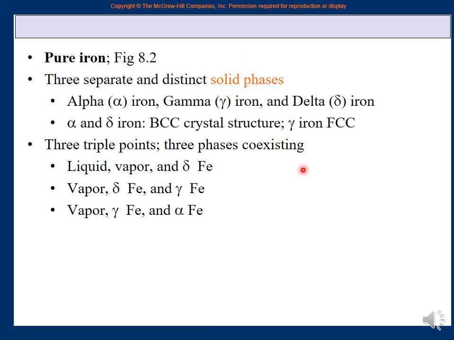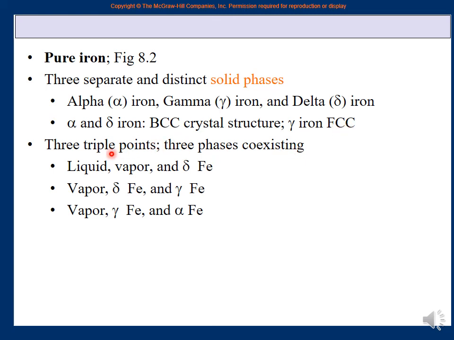When you start to cool it, it does not cool into one solid. It cools into three solid phases: alpha iron, gamma iron, and delta iron. And you already know crystal structure, right? So alpha iron and delta iron have a BCC crystal structure. Gamma iron has an FCC crystal structure.